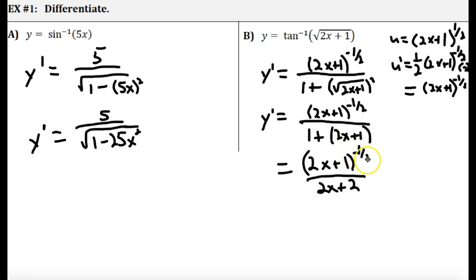Now I can even clean this up a little bit more. Since this is a negative 1/2 power, I can take this to the denominator as a positive 1/2 power.